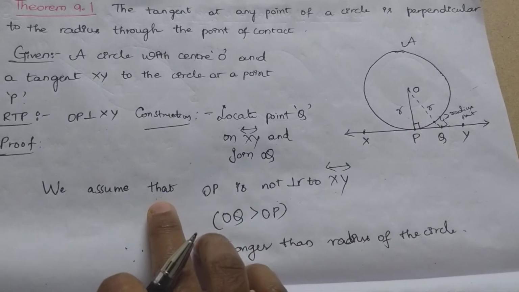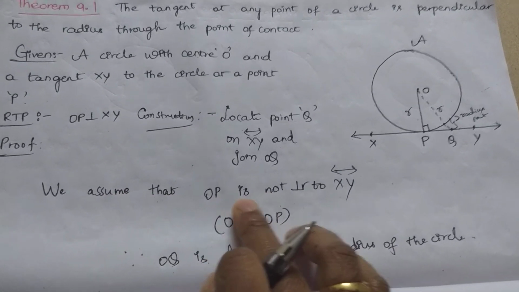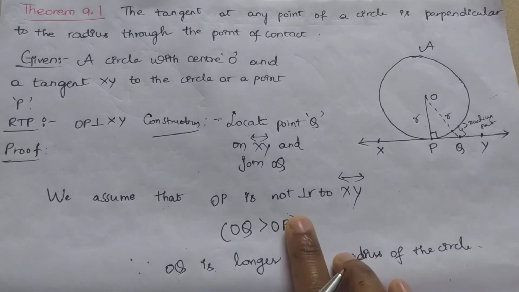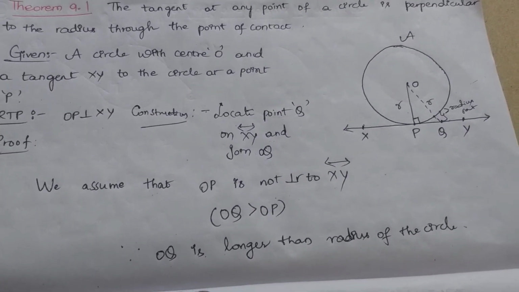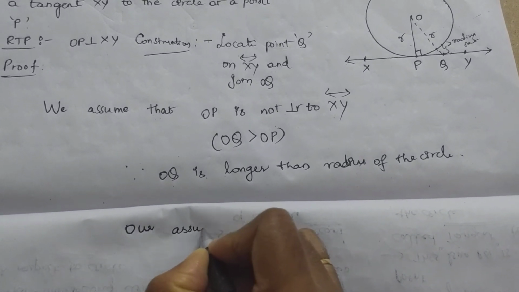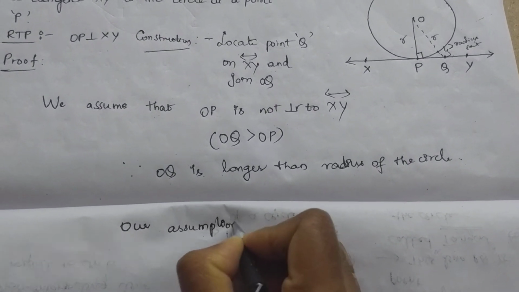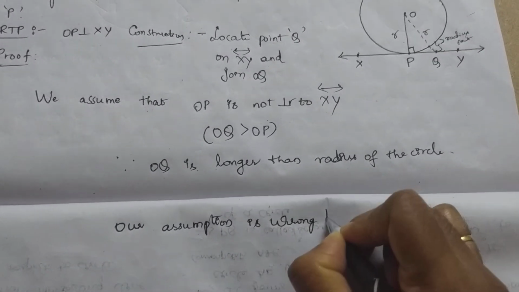We have assumed that OP is not perpendicular to XY. Correct? It means that our assumption is wrong. Why is it wrong?